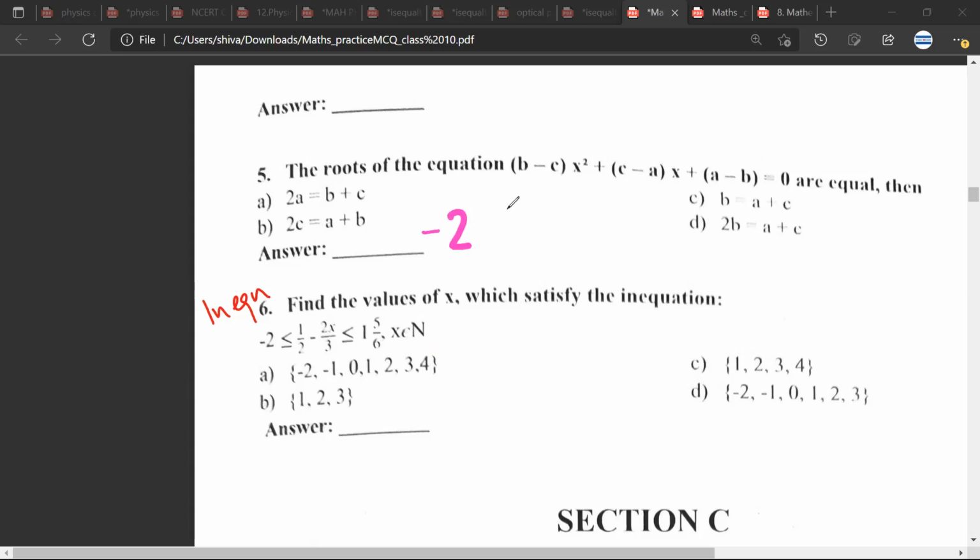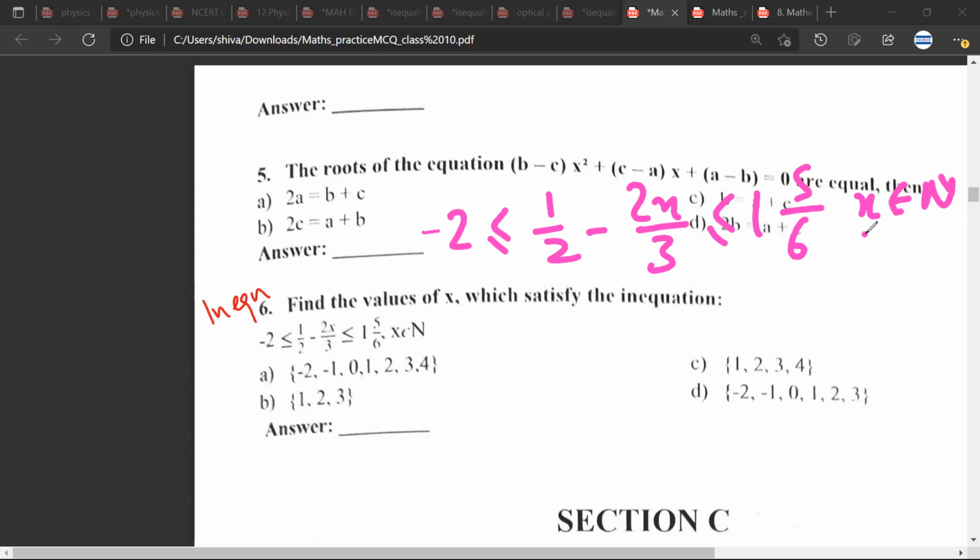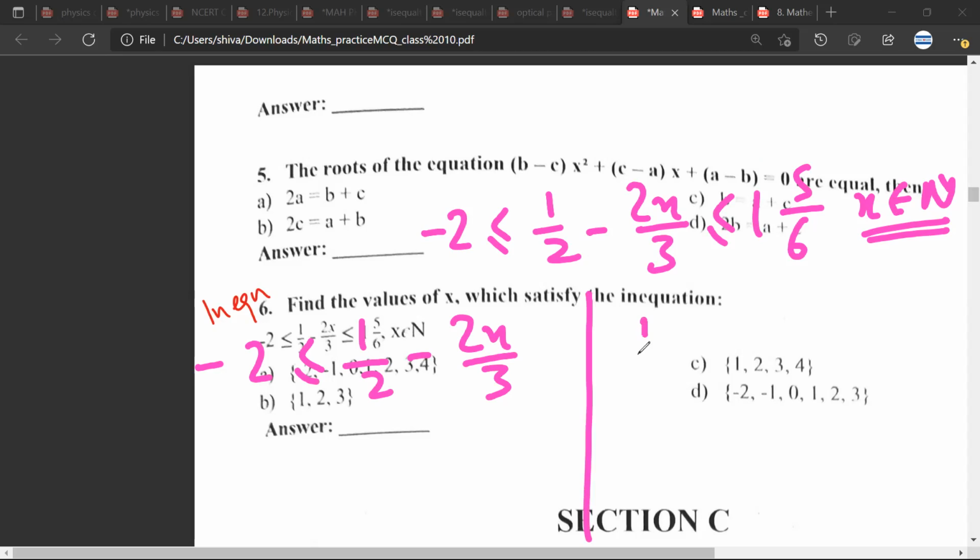So minus 2 is less than or equal to half minus 2x upon 3, which is less than or equal to 11 by 6. Now x belongs to natural numbers. Note this first. We'll have two sets: minus 2 is less than or equal to half minus 2x by 3, this is the first set, and the other set is half minus 2x by 3 is less than or equal to 11 by 6.